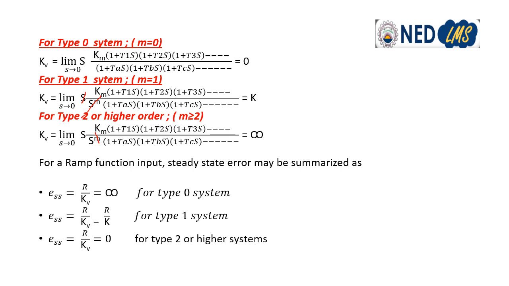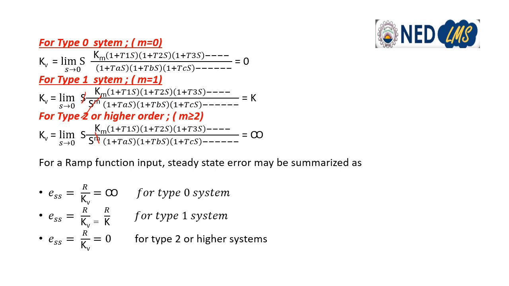When we put Kv equals K in type 1 system, the steady state error will become R upon Kv, and it is some limited value for type 1 system. And similarly for type 2 system, when we put the value of Kv as infinity, then R upon infinity will become 0.